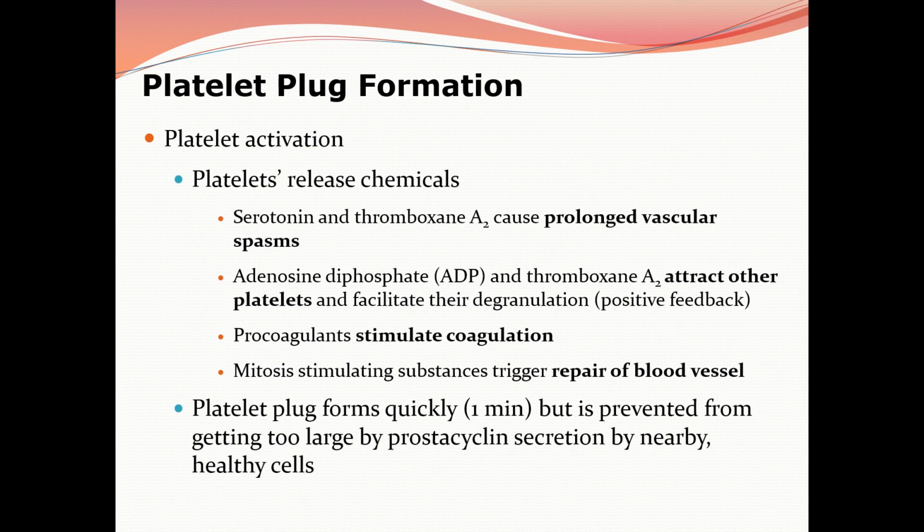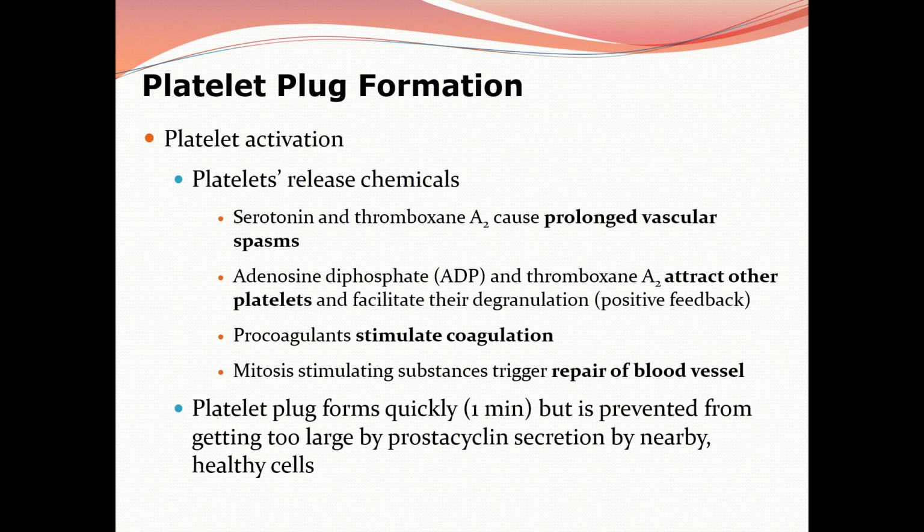To activate the platelets, platelets release chemicals such as serotonin and thromboxane A2, which cause prolonged vascular spasms. Adenosine diphosphate, or ADP, and thromboxane A2 attract other platelets and facilitate their degranulation, which is a positive feedback mechanism.